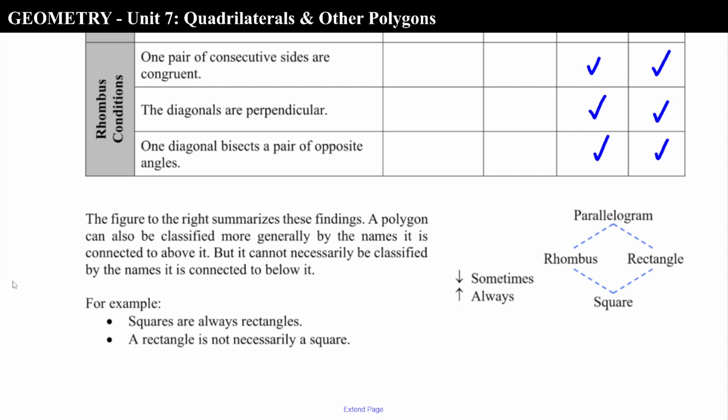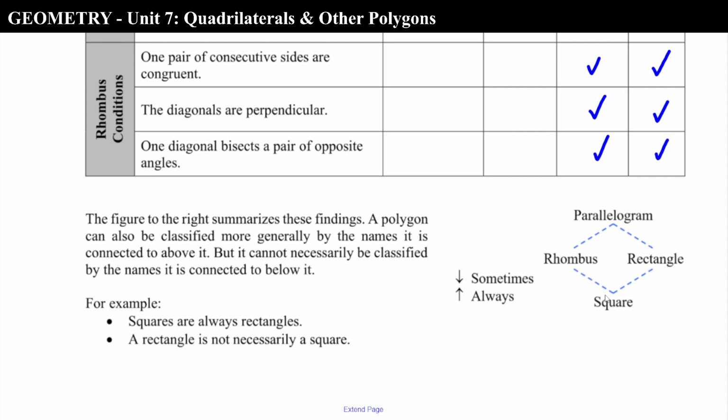A polygon can also be classified more generally by the names it is connected to above it, but it cannot necessarily be classified by the names it is connected to below it. So for example, you see that we have a parallelogram here at the top. A parallelogram can more specifically be a rhombus or a rectangle. And if it is both of these things, then you have a square.